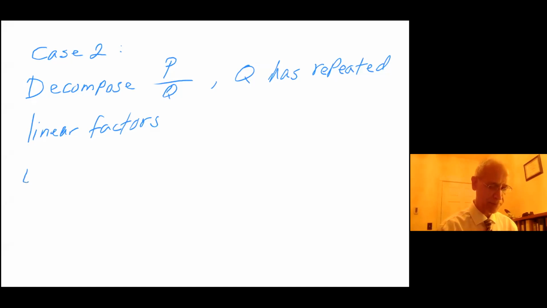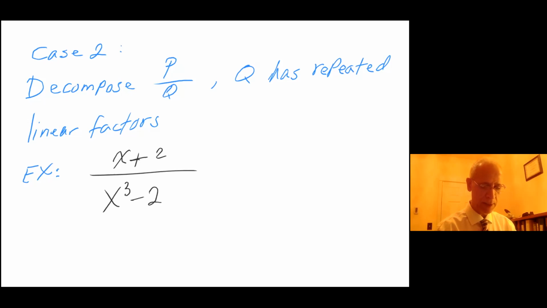So let's have an example. Suppose I have x plus 2 over x cubed minus 2x to the second plus x. If I factor the denominator, let's first factor an x out.